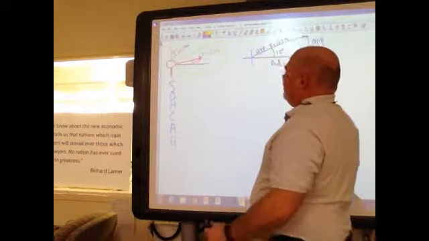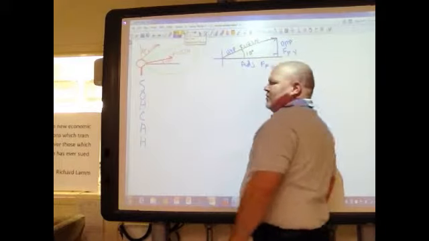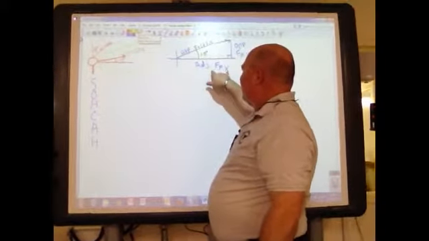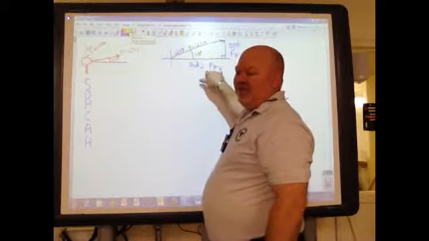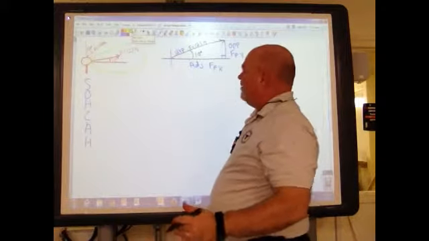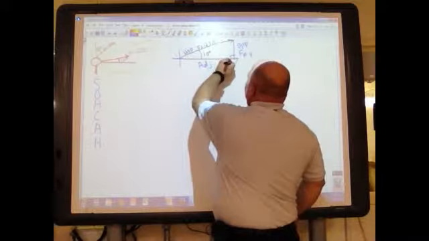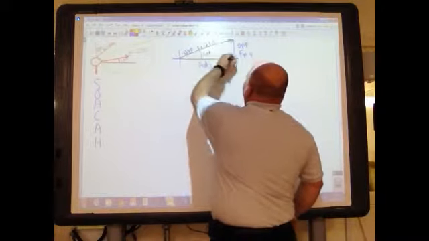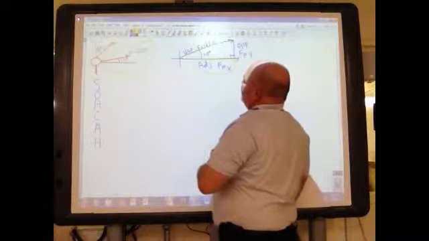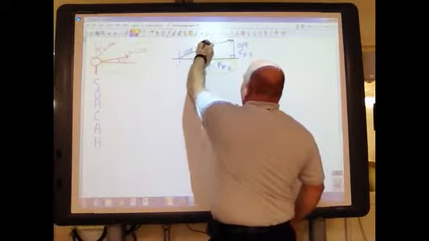The easy way to determine which one you're going to use is to determine what you want to find first. In this case, I want to find force vector F sub x. That's just a personal preference because of ordered pairs x comma y with the Cartesian coordinate system, which is what we're based on. So I want to find F sub x. That's the adjacent, and I already have my hypotenuse.